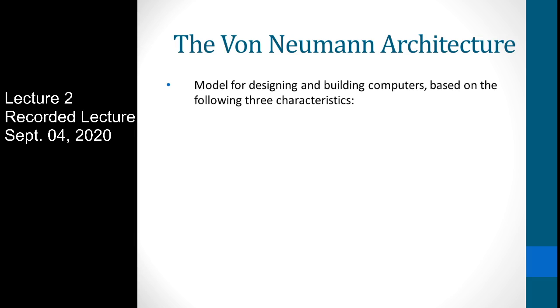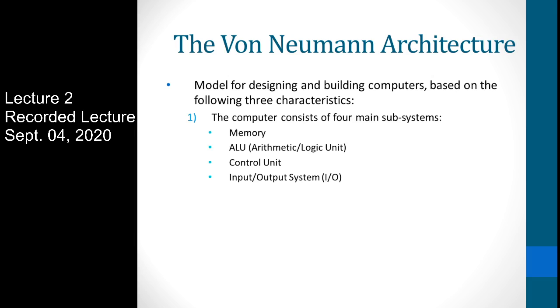So, ano ba yung ibig sabihin ng von Neumann architecture? So, the model for designing and building computers based on the following characteristics. Number 1, the computer consists of 4 main subsystems. So ito yung pinaka-importanting component ng isang computer system na nagfa-follow sa von Neumann architecture.